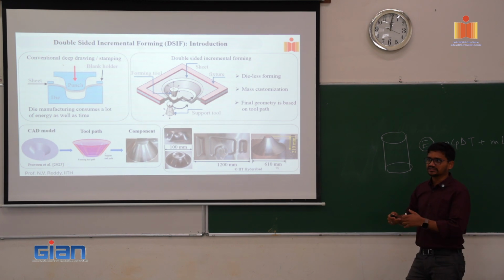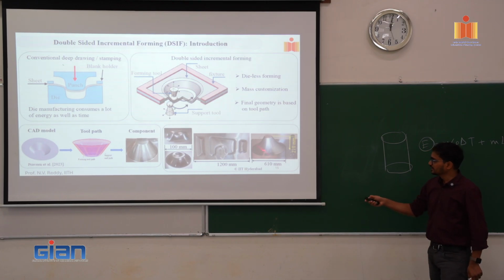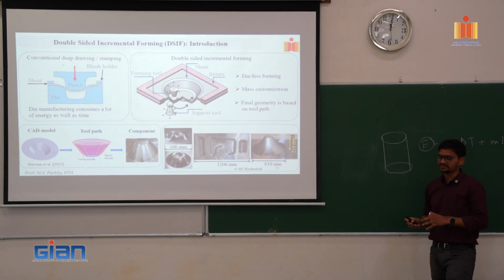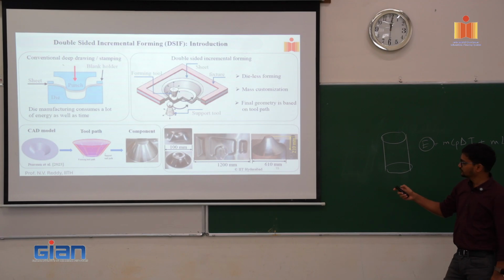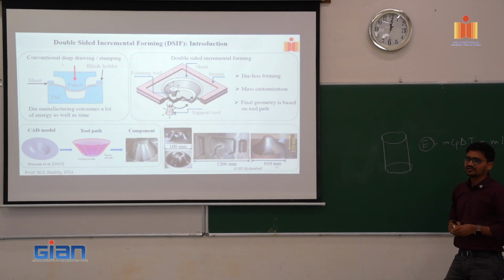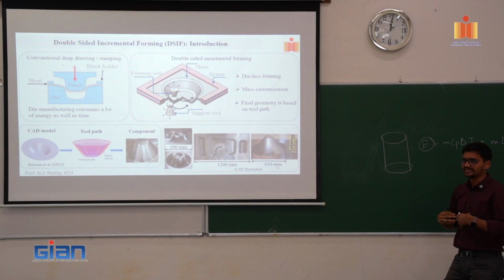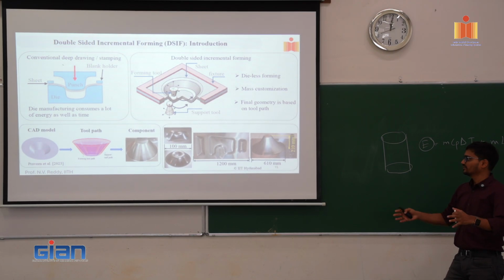From the CAD model you generate the tool path, and then you finally get the components, and you can make very complicated components using this method. You do not need a separate die and punch. For this process we will look at the energy assessment perspective: how you can calculate the energy required to run this entire manufacturing technique.